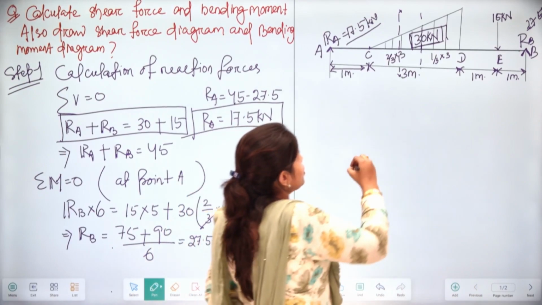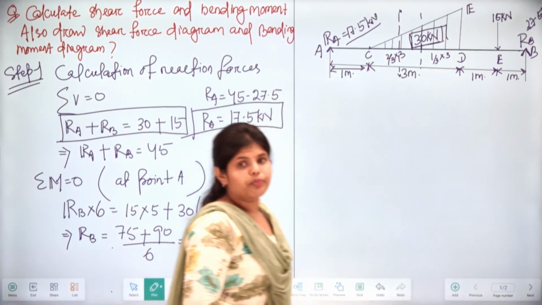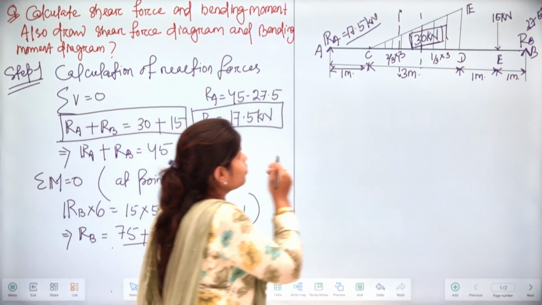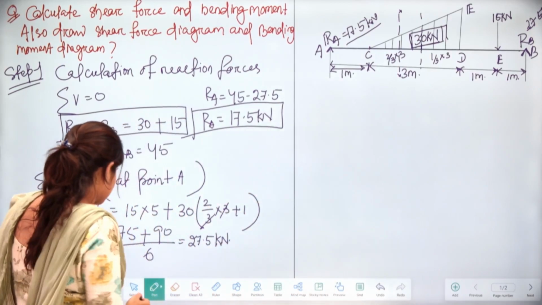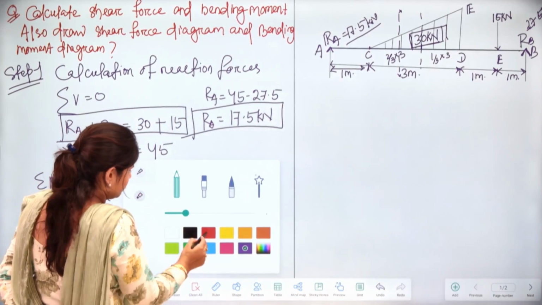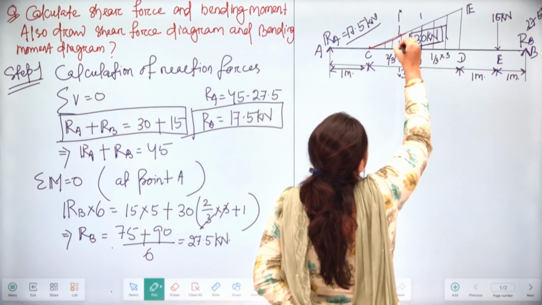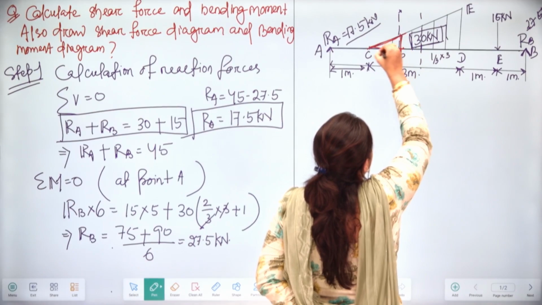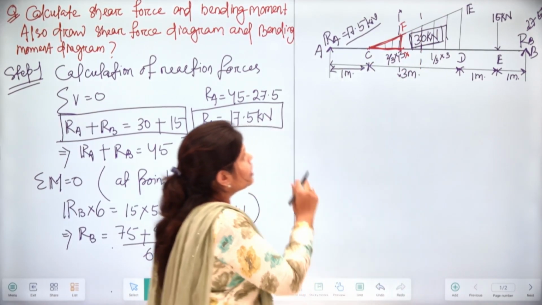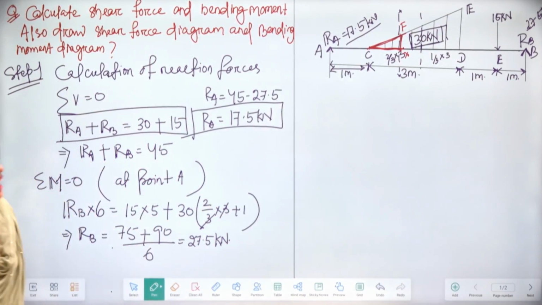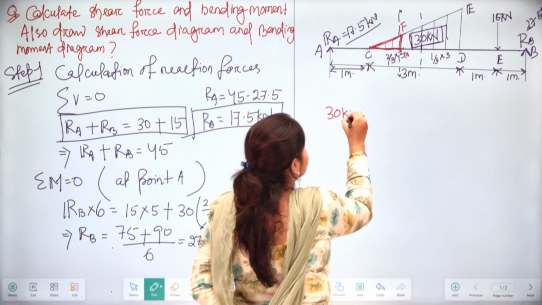Let's take this as the CDE triangle. So here you can see we have cut this triangle along the XX axis. This is our small triangle, let's name it as CXF. So here we have two triangles. But as I have already told you, the load here is 30 kilonewton.